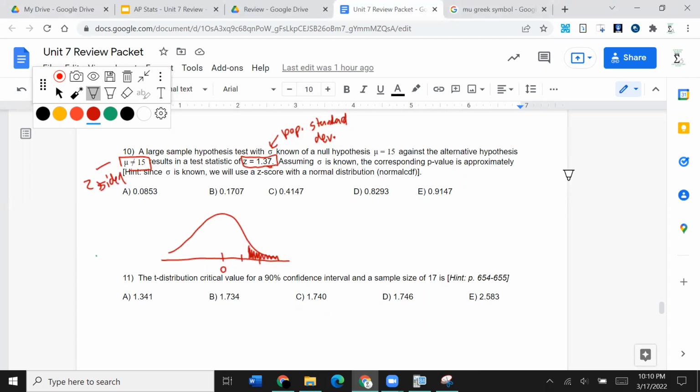The p-value represents the probability above 1.37. And in this case, because it's two-sided, we also want to know what the probability is below negative 1.37. So what we're going to do is find this probability, and then we're just going to simply double it.